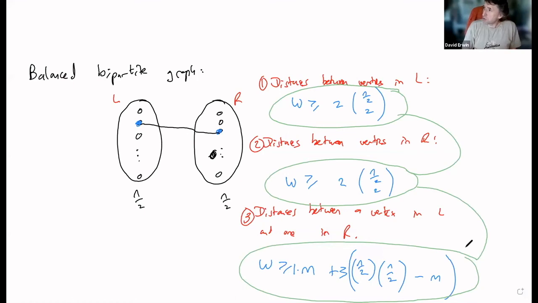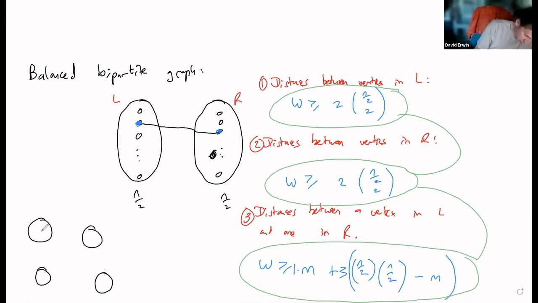Yeah, so it's a little bit different because if you've got a multipartite graph, say something like this, you can have a vertex which is distance 1 away from a vertex in this partite set, but you can also have a vertex which is distance 2 away, because you can go via another partite set and into there.